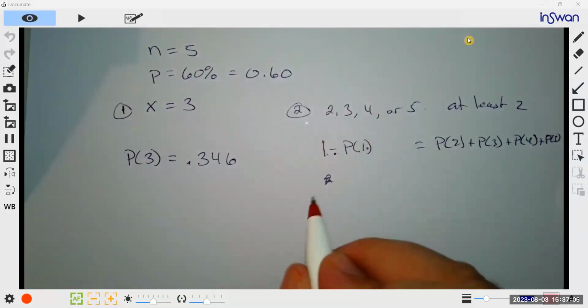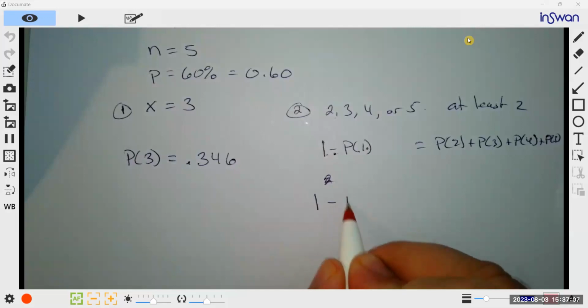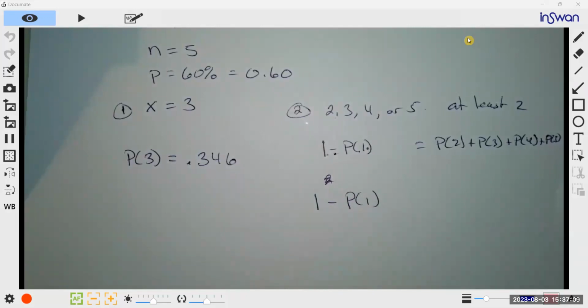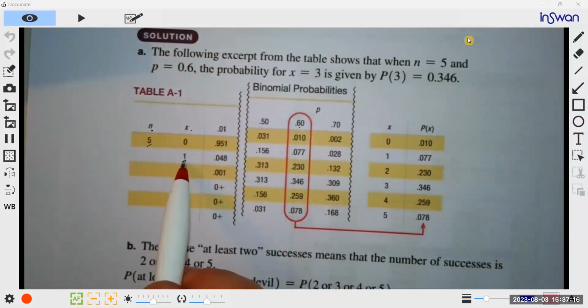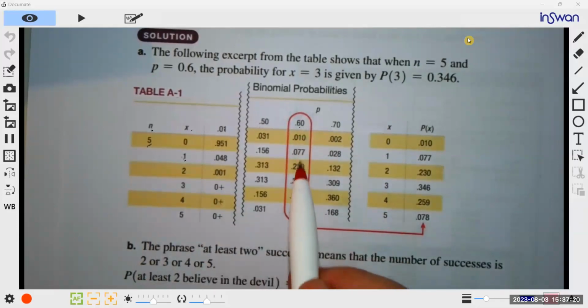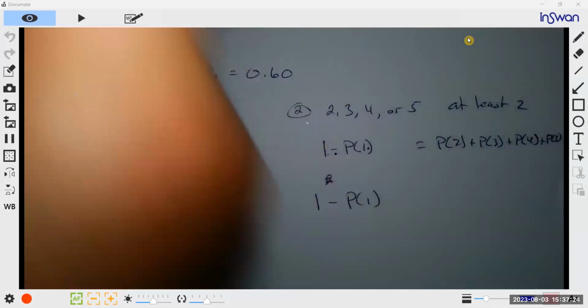All right, the next one. Let's look at 1 minus the probability of 1. So n is 5. We want the probability of 1 or 0 at 0.6. So it's 0.077 and 0.010.